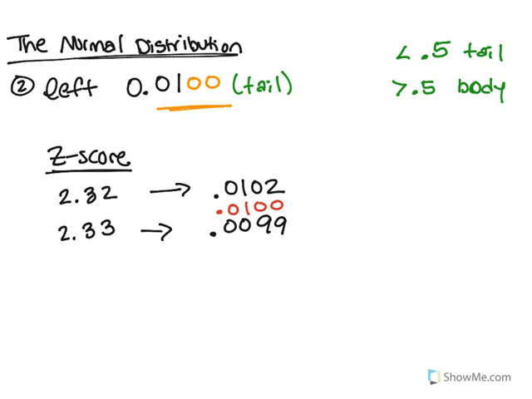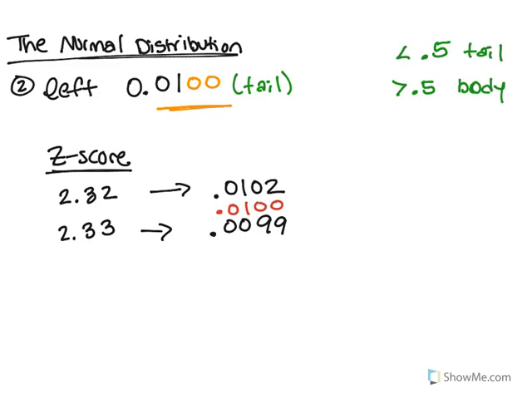How you're going to determine which way to go is you go with the one that's closest to your actual measurement. I'm not looking at the whole decimal, I'm looking at like 100 versus 102 versus 99. Does that make sense?